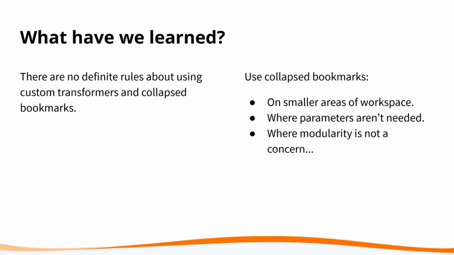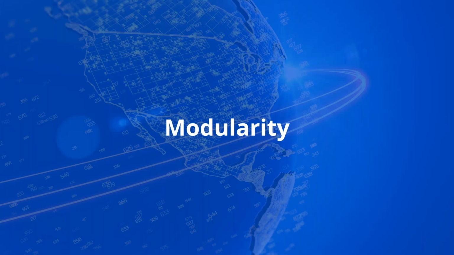And also you would use it where modularity is not a concern, because, well, we're going to see that right now, because I'm going to hand over to my colleague Sanai to take over the presentation and explain all about modularity and custom transformers.